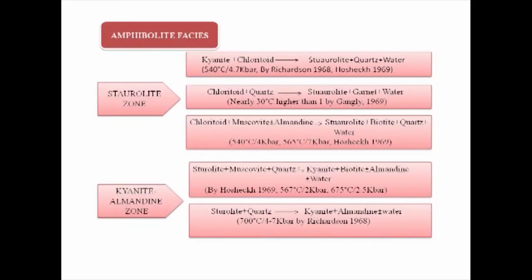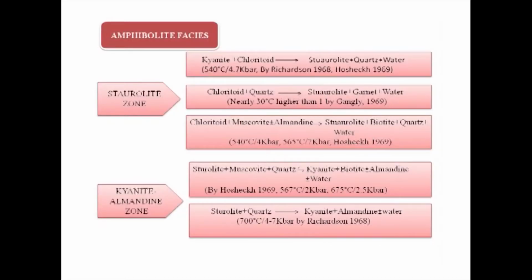Staurolite appears in rocks that are richer in Al2O3 and FeO and poor in alkalis, as shown by Hoschek in 1967. Kyanite plus chloritoid give rise to staurolite plus quartz plus water. This reaction was carried out by Richardson in 1968 and Hoschek in 1969 at 540 degree centigrade, 4 to 7 kilobar pressure.